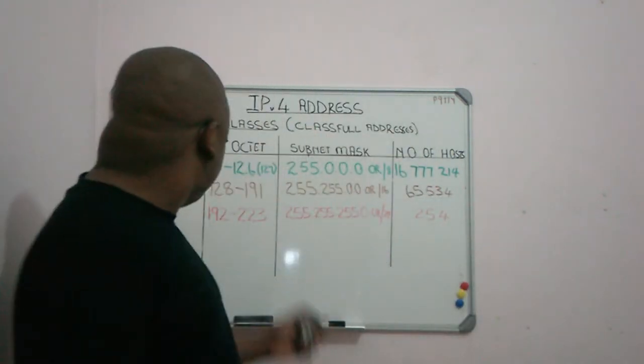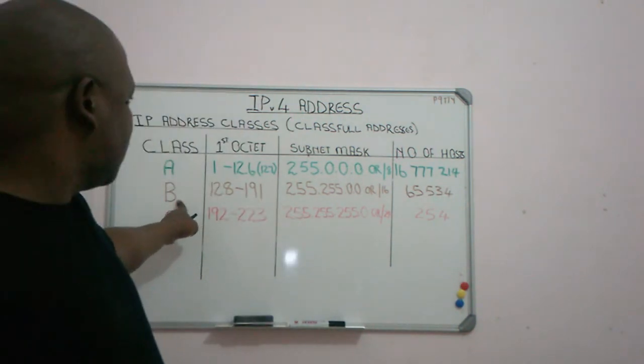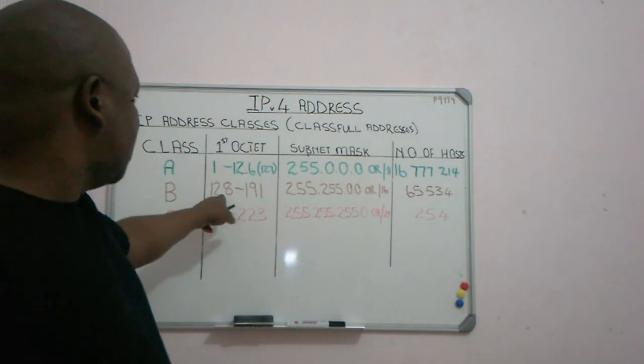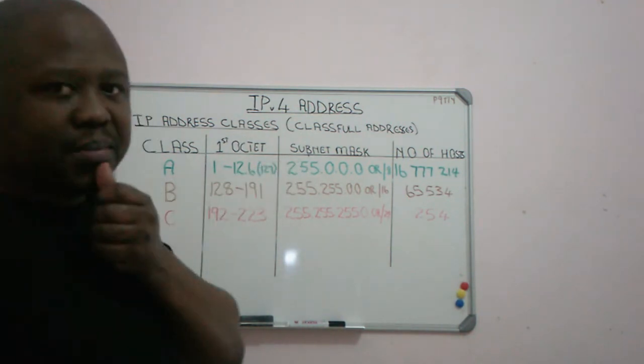And followed by class B. Class B, the first octet is from 128 to 191.